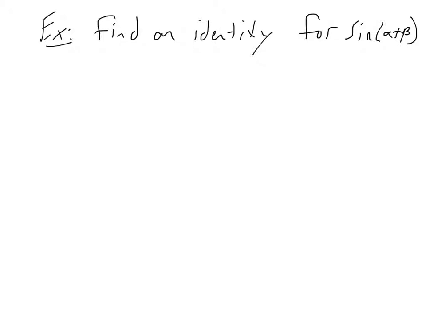All right, let's go ahead and take a look at this one. So we start off with sine of alpha plus beta, right? And the first thing we can do is realize that this is just the same as cosine, using that identity I was just talking about, of pi over 2 minus alpha plus beta, right?